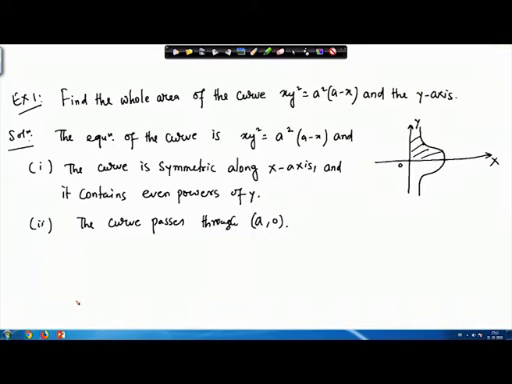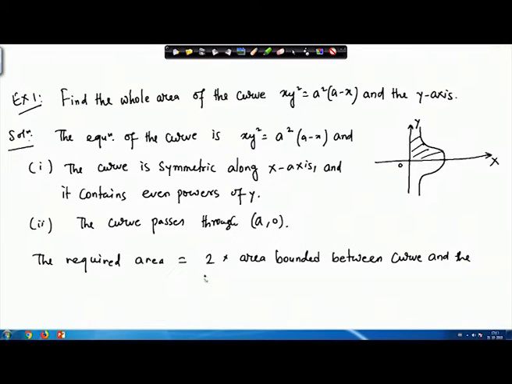Then to calculate the area, the required area is equal to 2 times the area bounded between the curve and the upper half of the x axis.